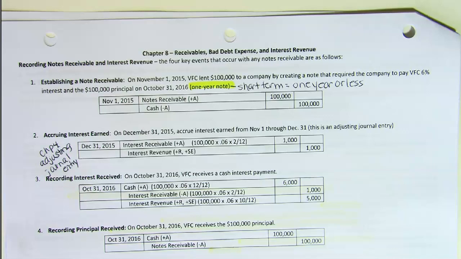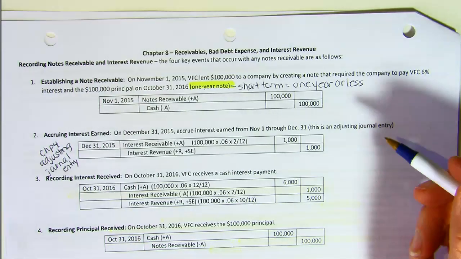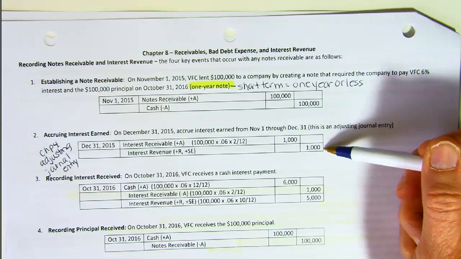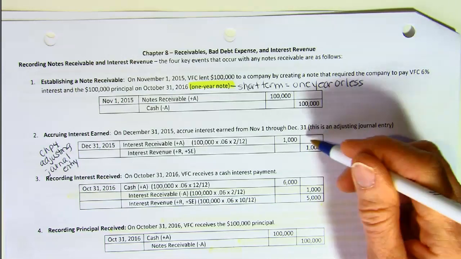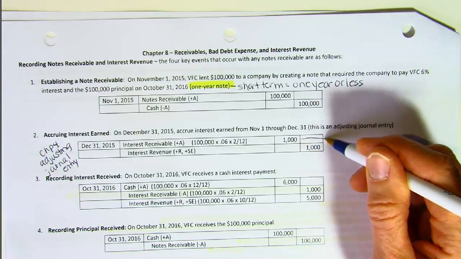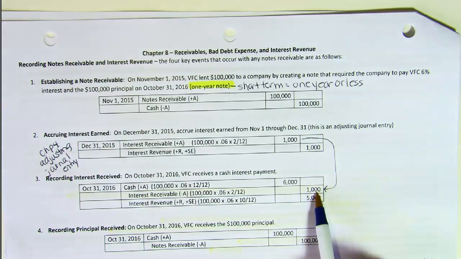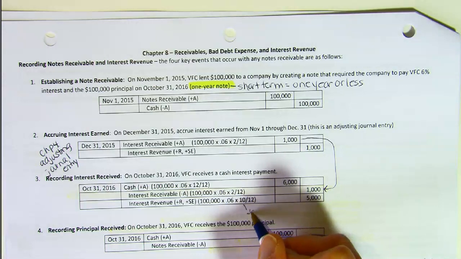However, remember you already recorded the interest that you earned for November and December, and you're just getting paid for that. Back in the second journal entry we recorded the interest earned for 2015. So we're just receiving this now. We're going to credit this interest receivable account to show that we did receive it, and we'll record as revenue only the interest for January 1st through October 31st, which is 10 months.